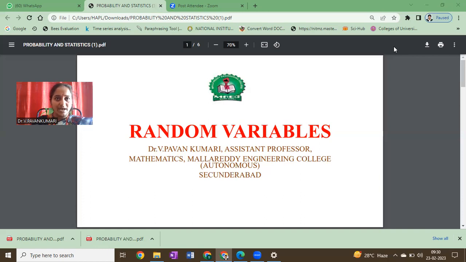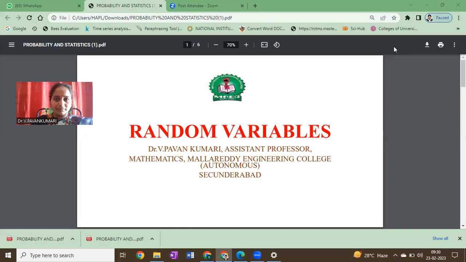Here mu and sigma are the two parameters. The mean is mu, the variance is sigma square, and the standard deviation is sigma.